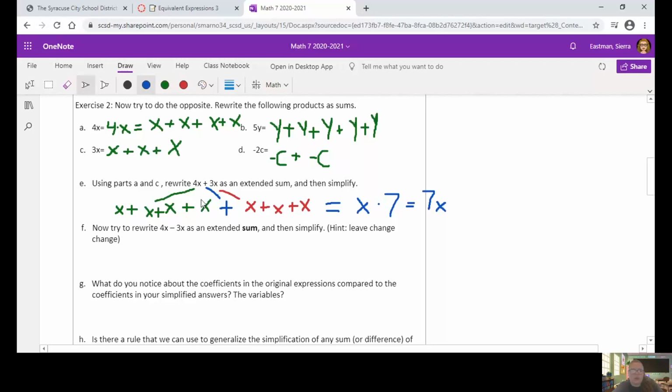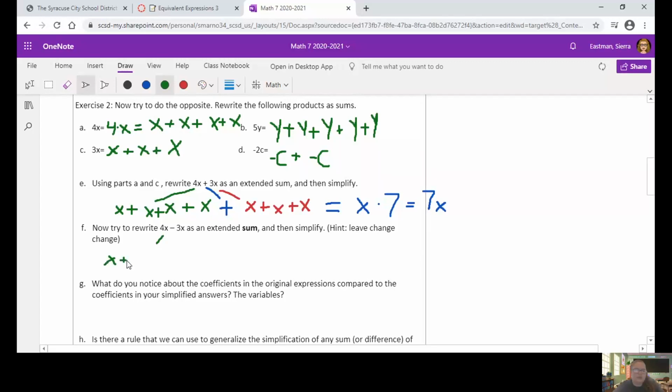Okay. And we're going to try the same thing with f. They want us to rewrite our 4x and our 3x again, so still using part A and C. This time we're going to be subtracting, okay? And even though they say that we're subtracting here, they still want us to have it as an extended sum. So we're going to kind of think back to leave, change, change, and create that expression, okay? So let's do the same thing. I'm going to have my 4x. I'm going to keep it in green.